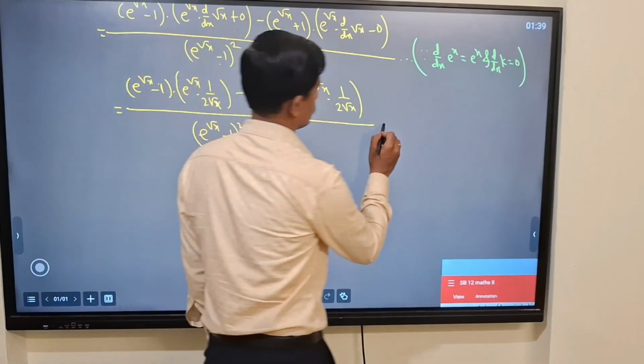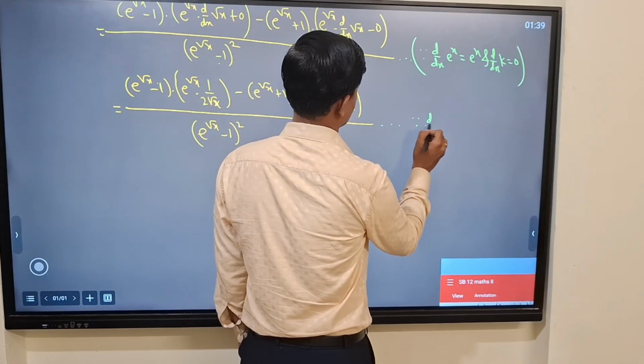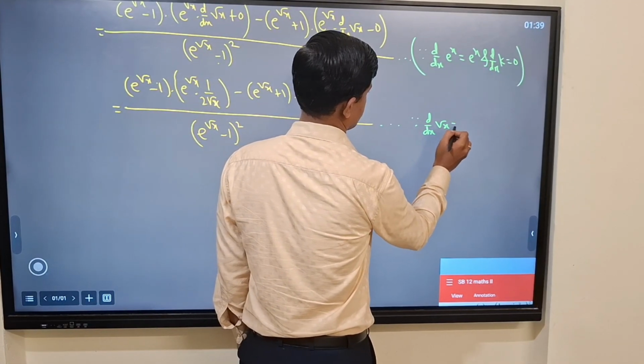Here we used one formula, that is d/dx of root x is 1 upon 2 root x.